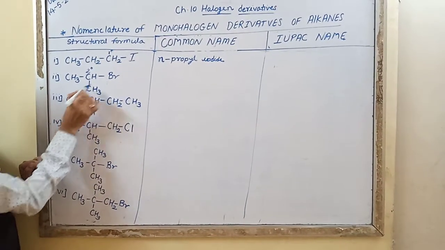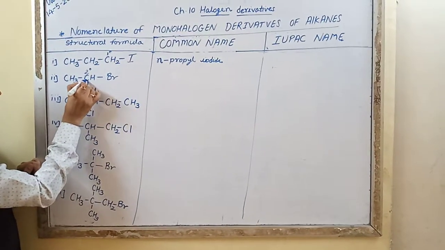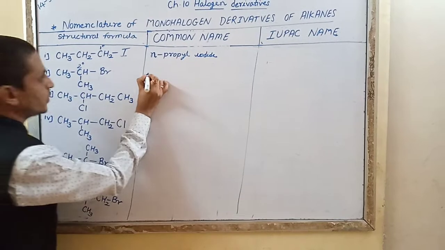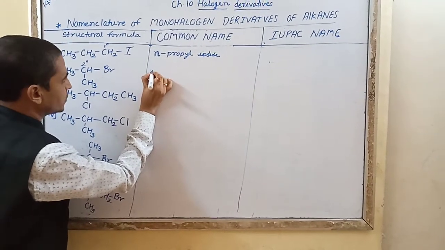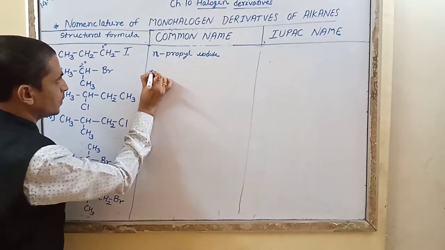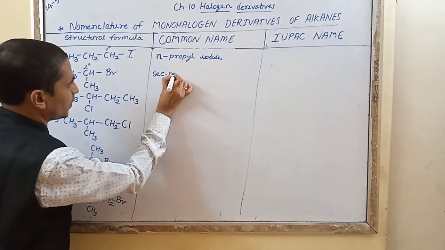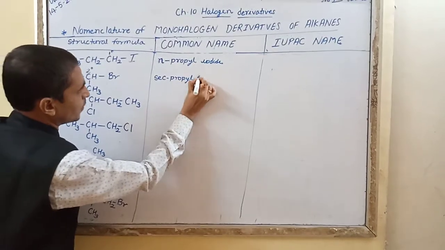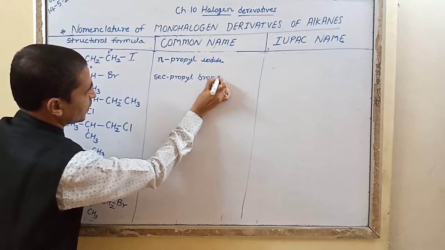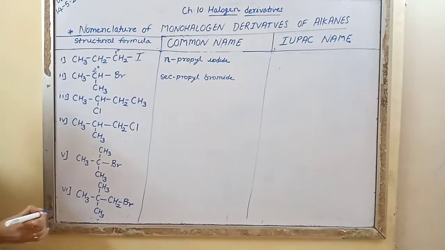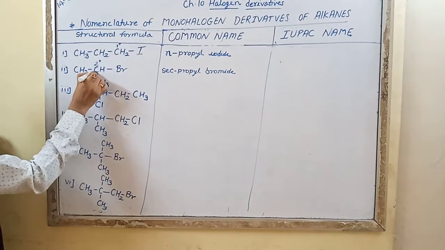So it is secondary, and to the secondary carbon atom halogen atom is attached, means Br is attached. So its name is sec-propyl bromide. Sec, that is secondary propyl bromide, because bromine atom is attached to secondary carbon atom.